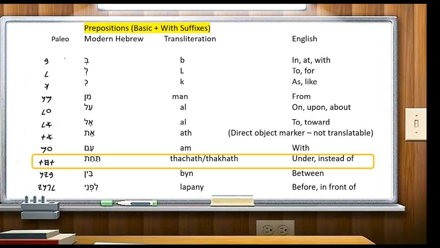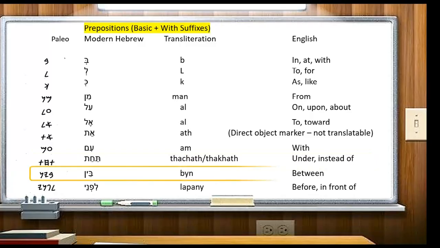Then we have here between, which would be bean. You may hear others saying bain. So you may see bain, or you may see bean, and that is the word for the preposition between.